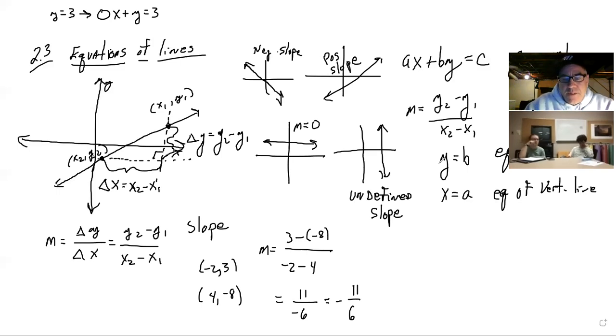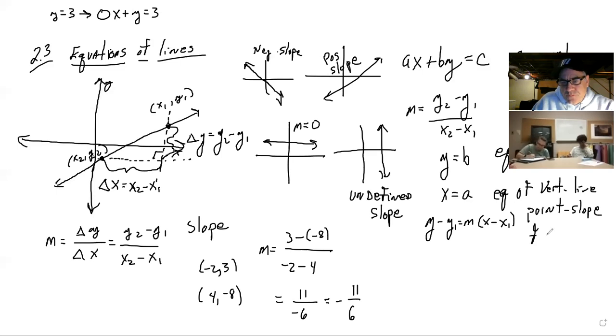All right. Next one, I'm not going to try to build per se. I'm just going to throw it out here. It looks like this: y minus y sub 1 equals m times x minus x sub 1. And this is referred to as the point-slope form. Its use in life is to determine an equation of a line.